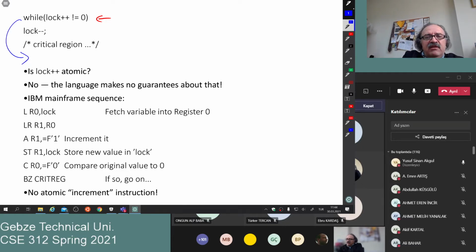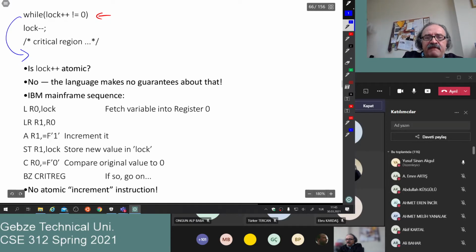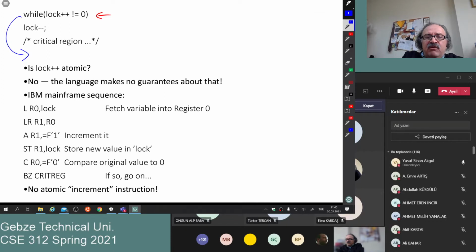Load the value of lock to register R0, copy register R0 to R1, increment R1 by 1, store R1 to lock, and compare R0 with 0.